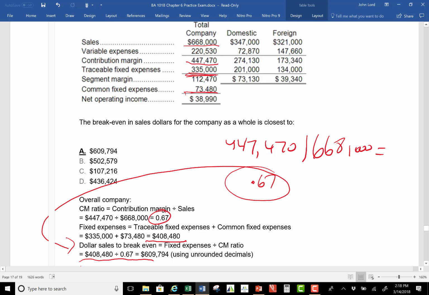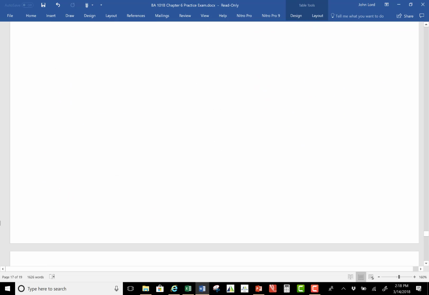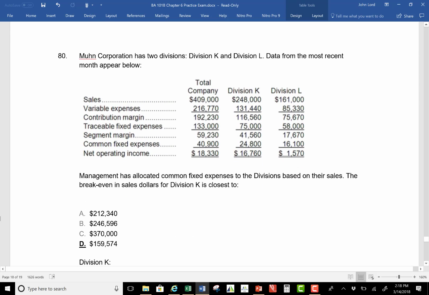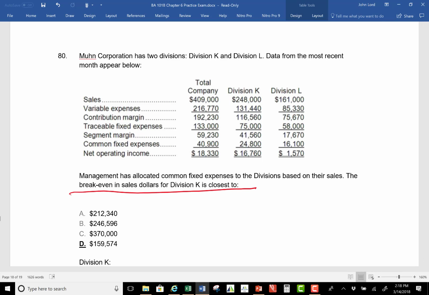Now, if you're just trying to come up with the break even for a particular segment, let's look at this one. They want the break-even in sales dollars for K division, so we just look at this division. We take the contribution margin of this division, 116,560, and divide it by 248,000, the sales.